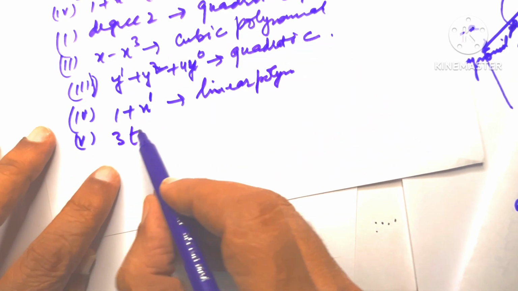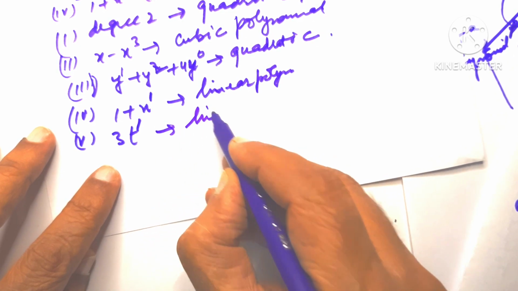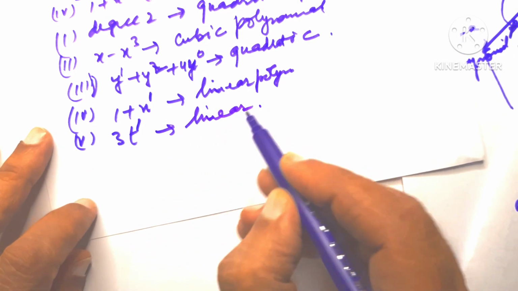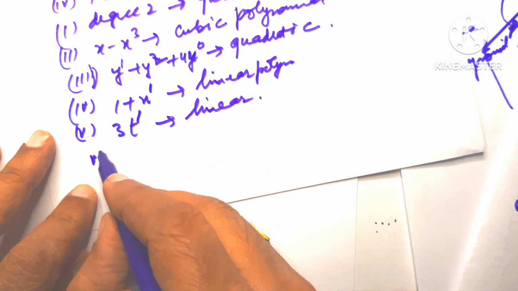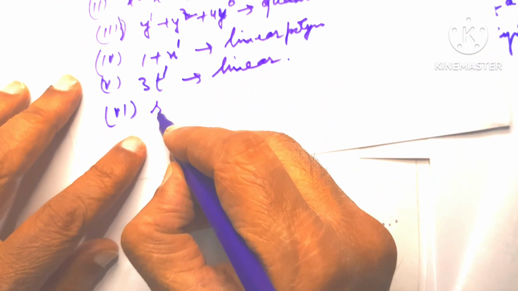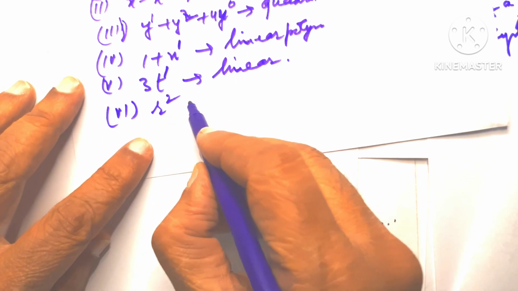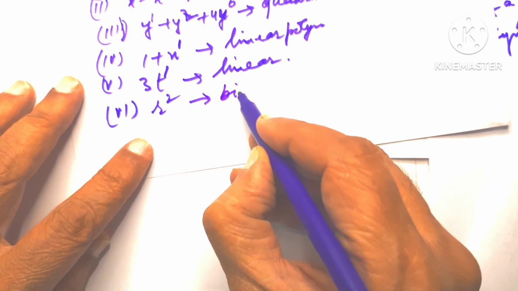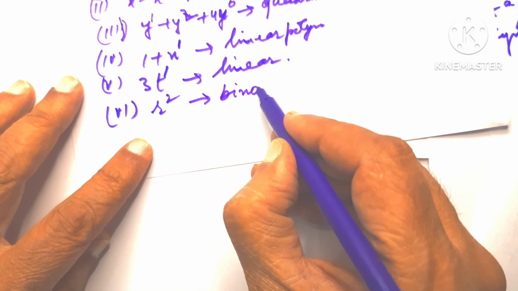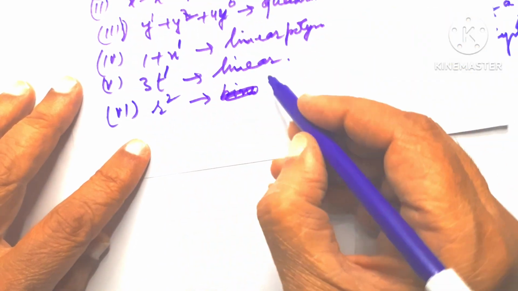Then fifth is 3t. The maximum power is 1, so it is linear. And sixth part is r square. r is the variable, power is 2. Power 2, so it is not binomial, it is quadratic.